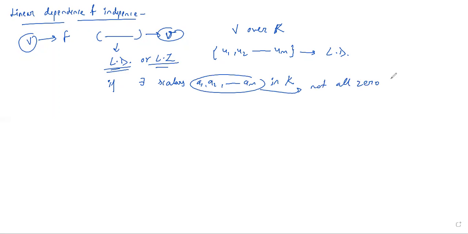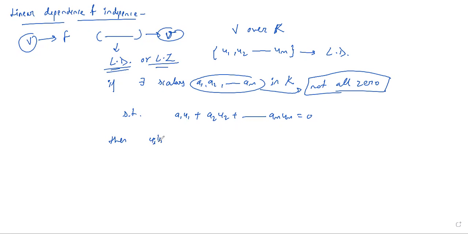This is the main required condition for linear dependency. Such that the linear combination a1 u1 plus a2 u2 to am um is equal to 0. Then the ui's are linearly dependent.